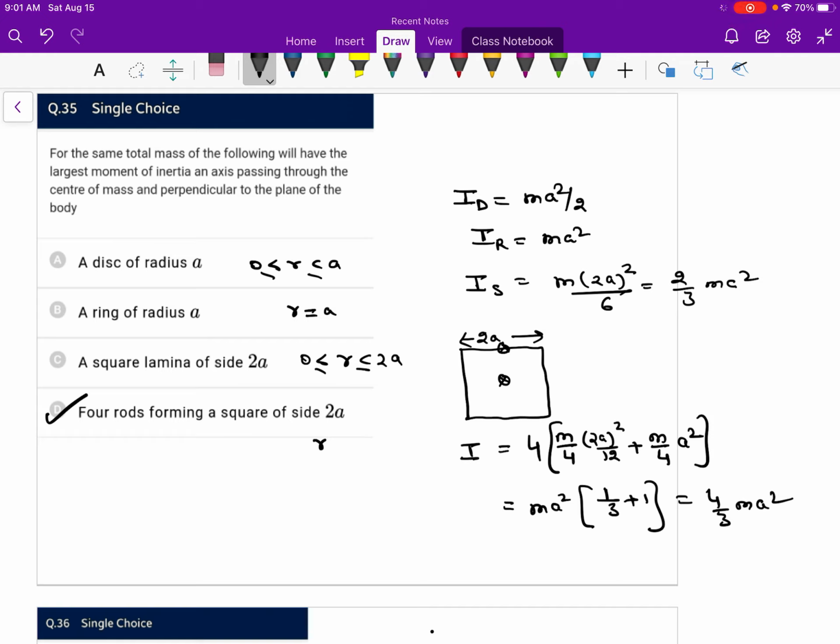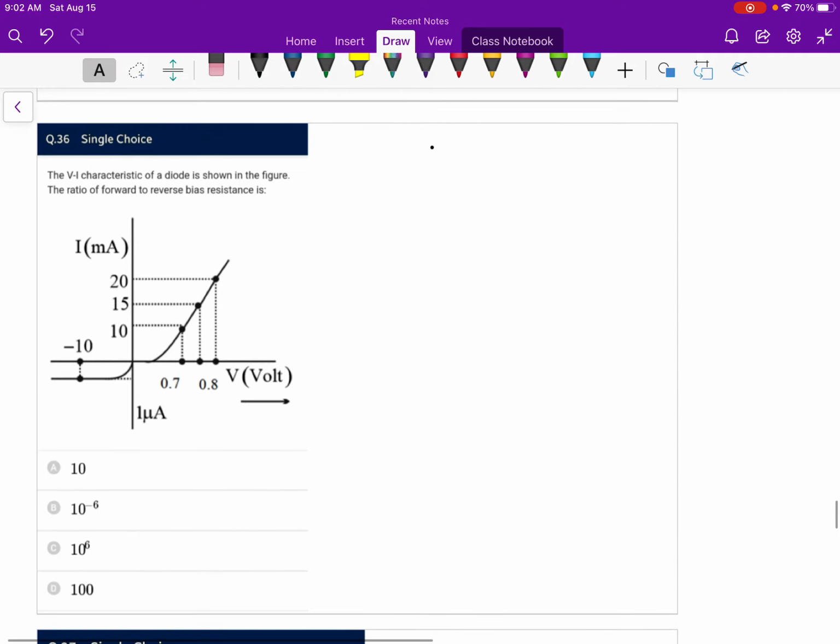Okay, and for 4 rod system distance is between a to root 2a. So farthest distribution of mass is in the system D, so MI will be maximum in system D, we can say without calculation as well.